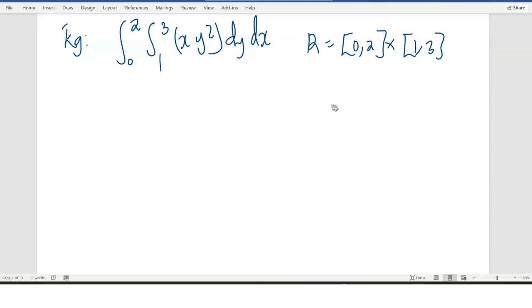If I, for example, could draw in three-dimensional space, where this is z, this is x, and this is y, then along the y-axis I have 1 to 3, and on the x-axis I'm talking about 0 to 2. So I mean this exact region.